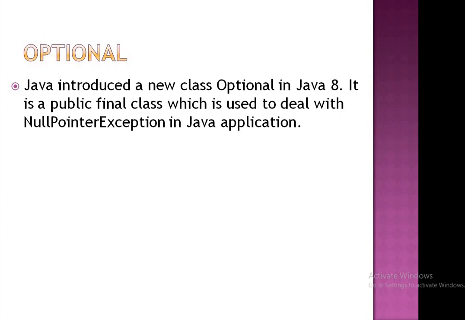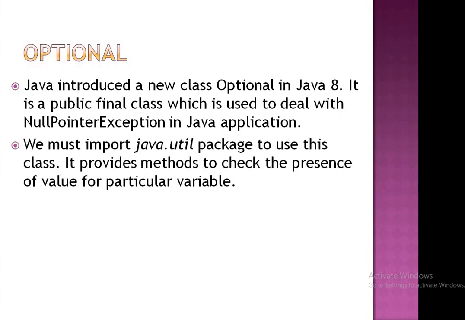We must import the java.util package to use this class, because this class is defined in the java.util package. It provides methods to check the presence of a value for a particular variable, through which we can check whether the value is present or not.